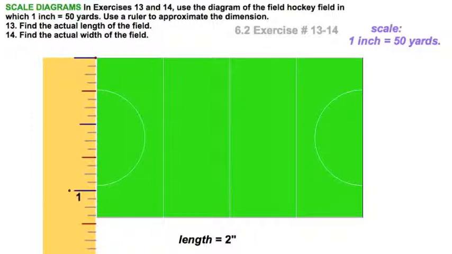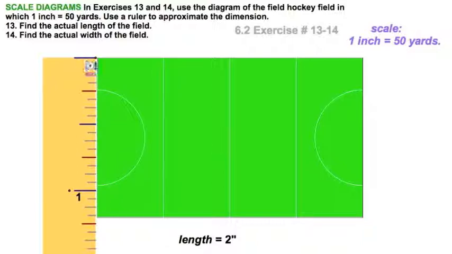Now, I can read 1 inch, and I've got 3 of these divisions. If you haven't used a ruler in a while, I know we don't like the fractions as much as we used to. Let's just review. That's a 1/2 inch. That's a 1/4 inch. That's an 1/8 inch.